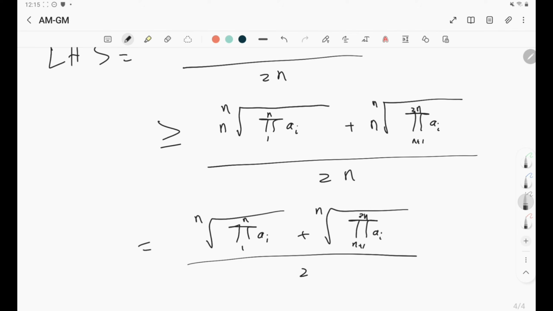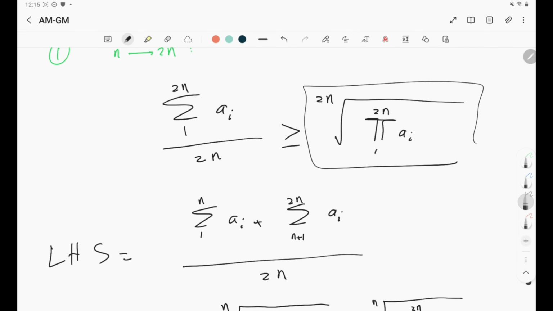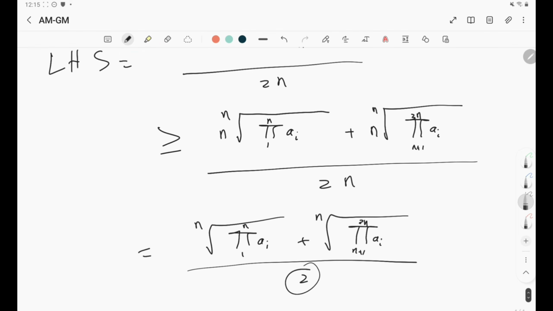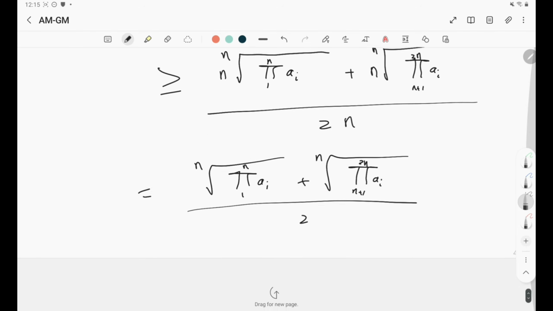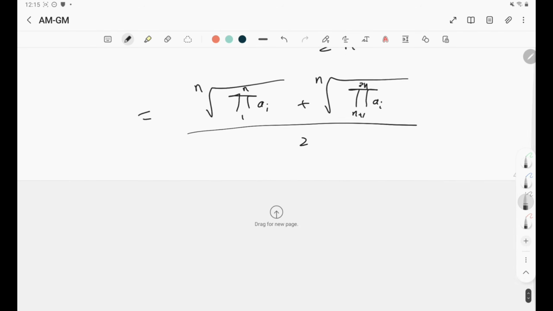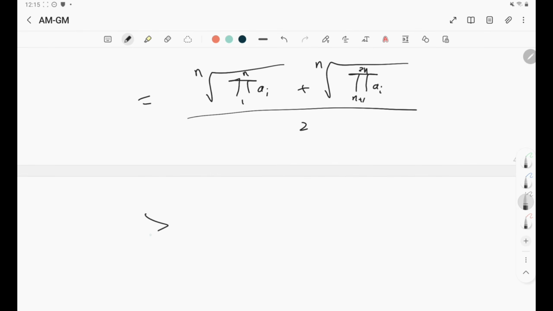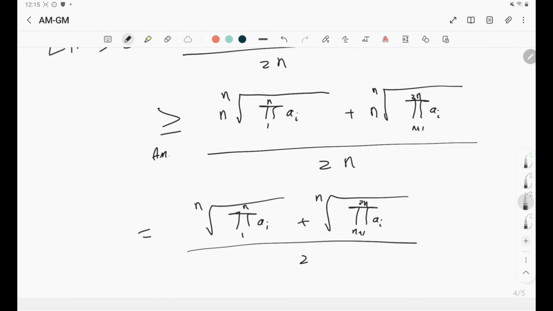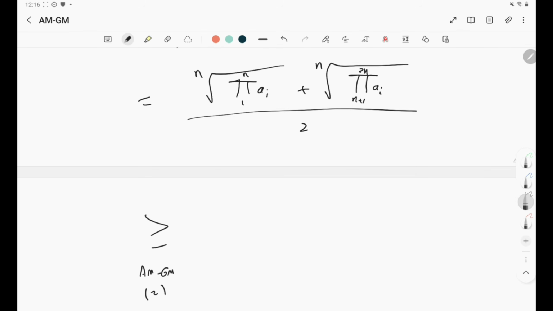Now, if you think about it, how can we go from here to what we want here? The idea is really simple. Remember, here we have a 2. So why don't we apply the AMGM only for 2 numbers, right? Makes sense. So if we apply AMGM here for 2 numbers, whereas before we applied AMGM for n numbers, the 2 will cancel the 2, because this is the arithmetic mean.